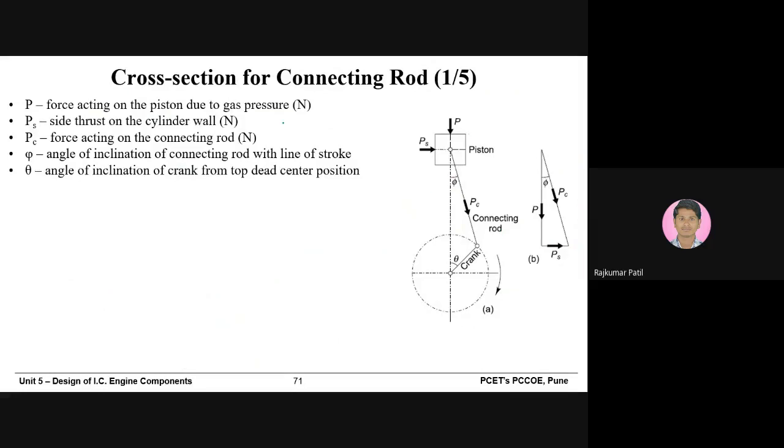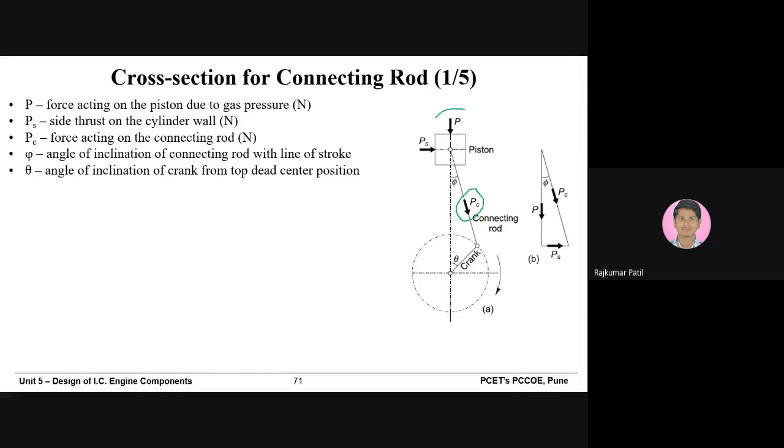Then you need to consider also the free body diagram in order to find out the force that is acting on the connecting rod, and generally it is denoted by PC. So you can see the direction of force which is acting on the connecting rod, and this force PC is due to two forces.